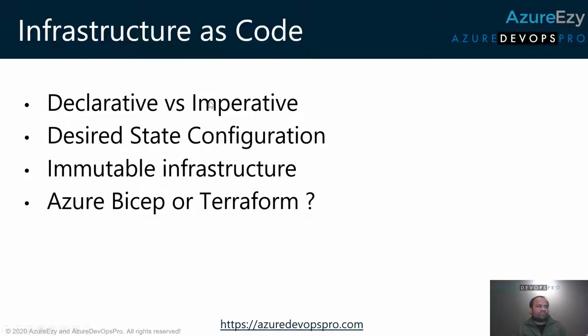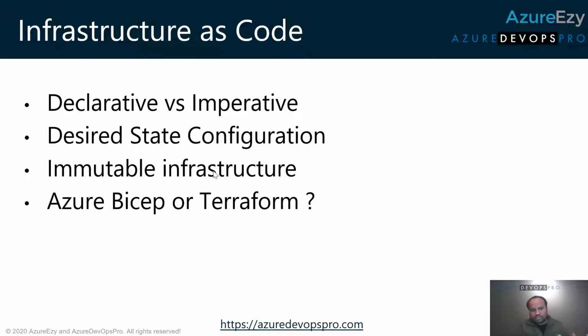Now the next part is Azure Bicep or Terraform. All these things are pretty much relevant for any infrastructure as code tool which you may know nowadays. I have listed these two tools because we often compare them when talking about Azure. There are many other tools, like Pulumi, Puppet, and Chef, but nowadays most of the discussions come around these two tools, and that's why we are discussing them.